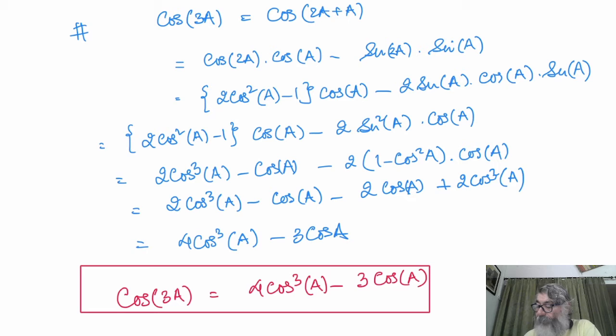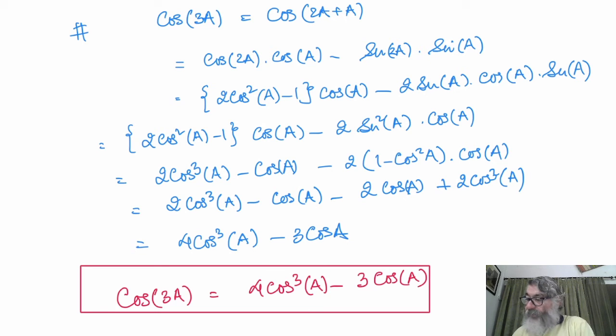Cos 3a is equal to 4 cos cube a minus 3 cos a. Like sin 3a was 3 sin a minus 4 sin cube a, here the cos cube term comes first, that is 4 cos cube a minus 3 cos a.